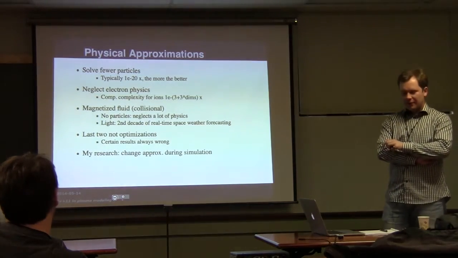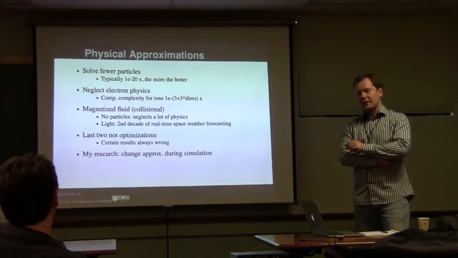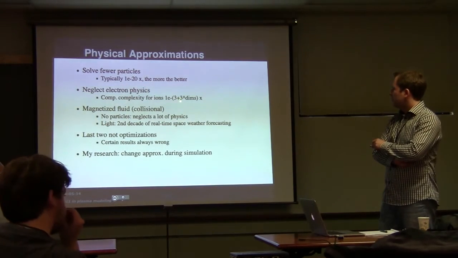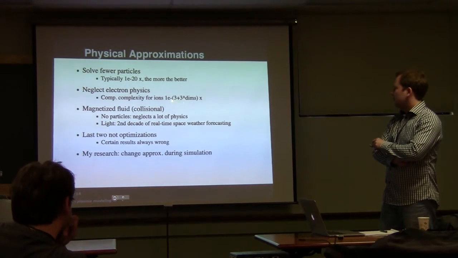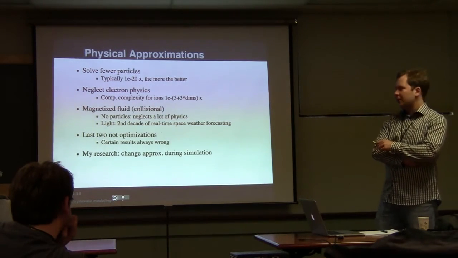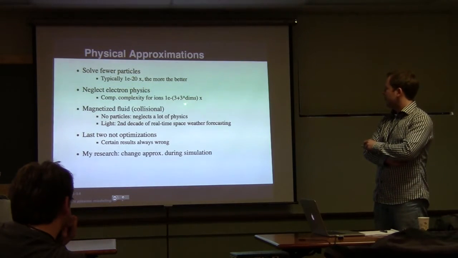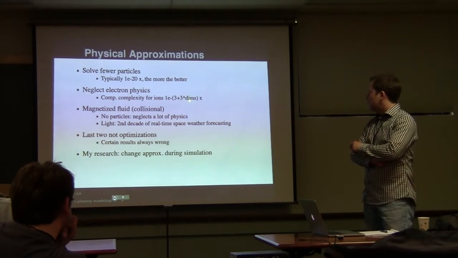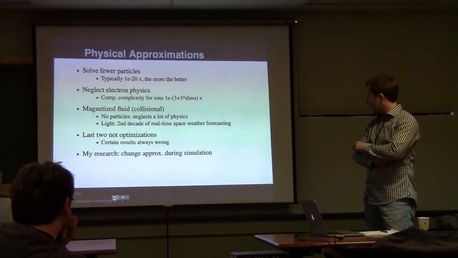So then you actually have to start neglecting some physics. If you neglect electron physics, then you immediately reduce the computational complexity by about 1 million, and it also depends on the number of dimensions you have. If it's a 3D system, then, what was it?